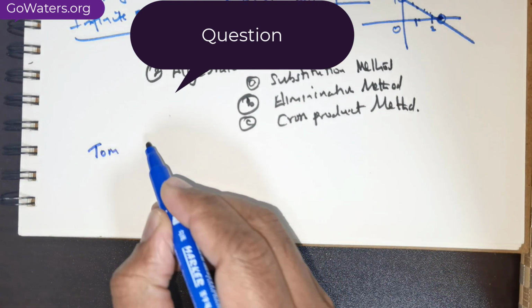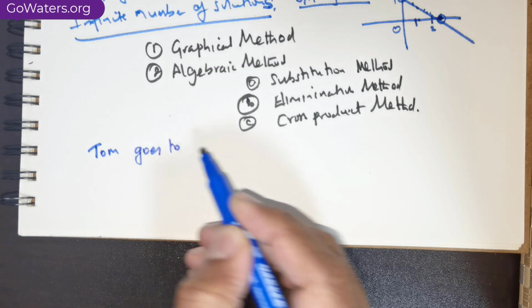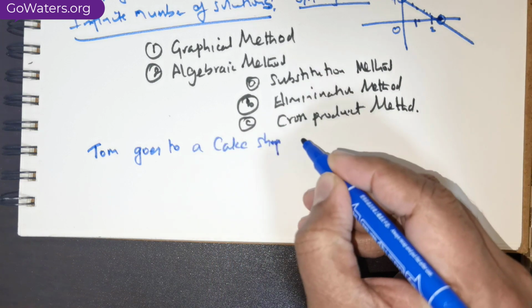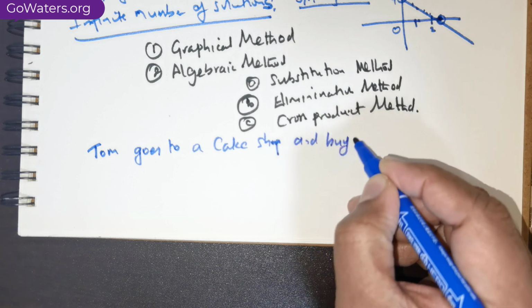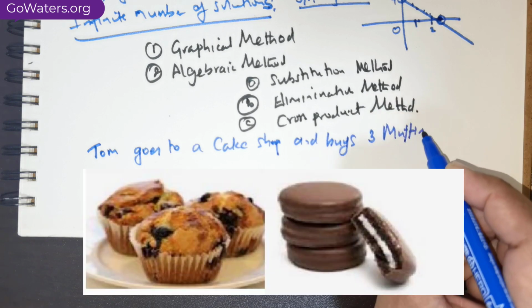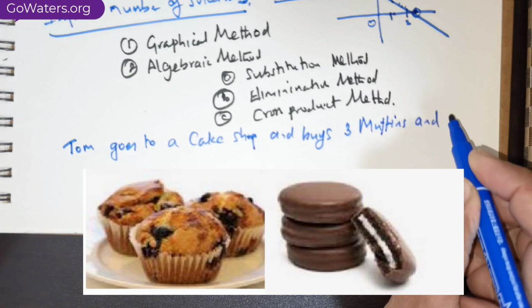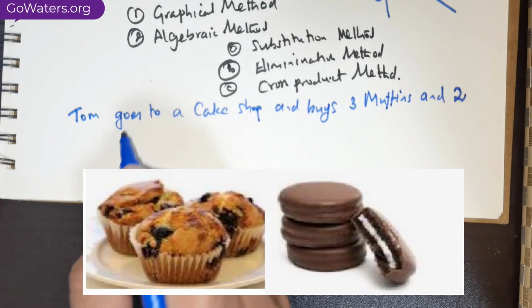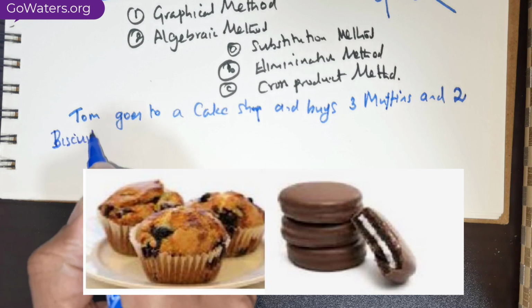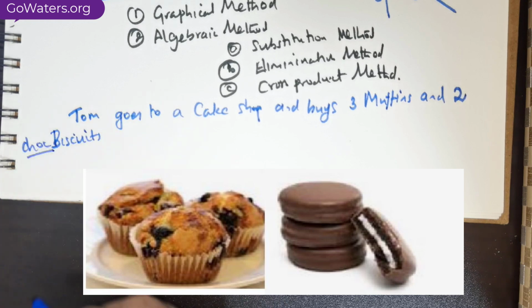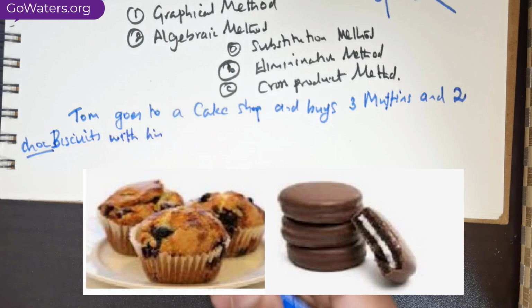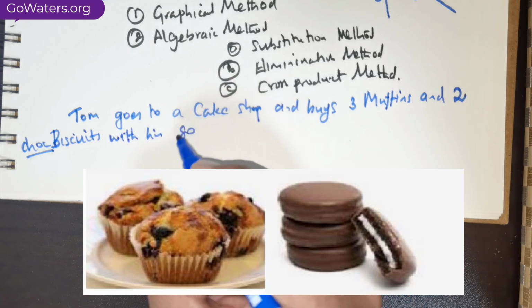Tom goes to a cake shop and buys 3 muffins and 2 chocolate biscuits, with 80 rupees that he asks.